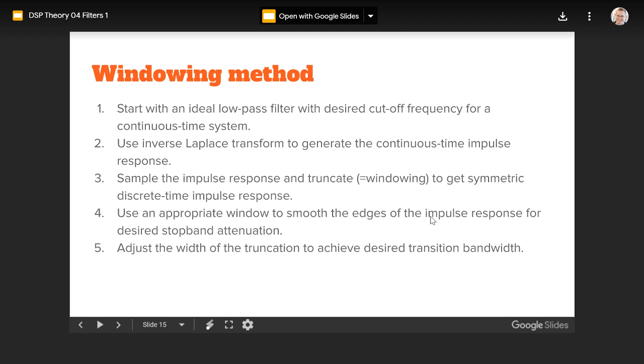So that is the inverse Laplace transform of this ideal low-pass filter. It gives you sinc, an infinite impulse response. It's analog, starting from minus infinity and going to plus infinity, not too usable unless you sample it.